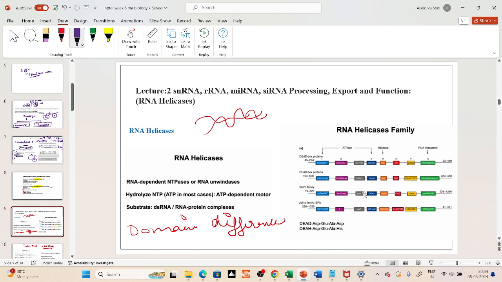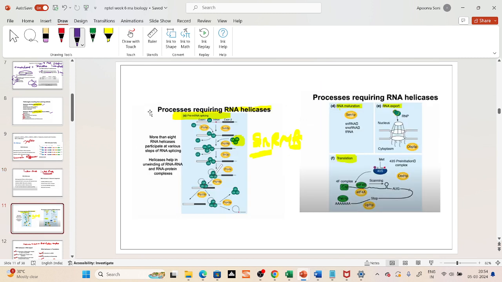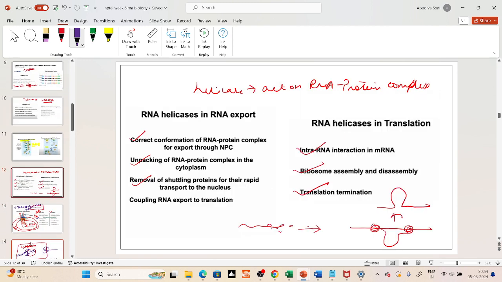There are different RNA helicase families, and these have roles in pre-mRNA splicing, maturation, RNA export, and translation. We studied in detail the role of RNA helicase in export and translation. In export, it is responsible for the correct conformation, unpacking of RNA protein complexes, and removal of shuttling proteins. In translation, it is required for preventing intra RNA interactions.